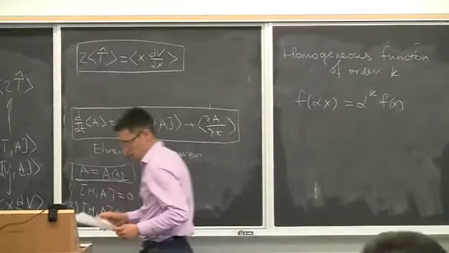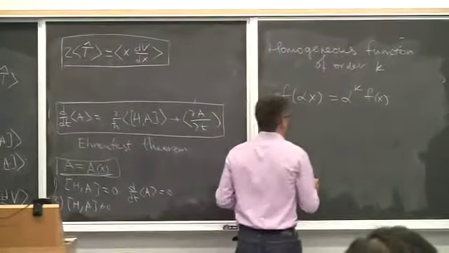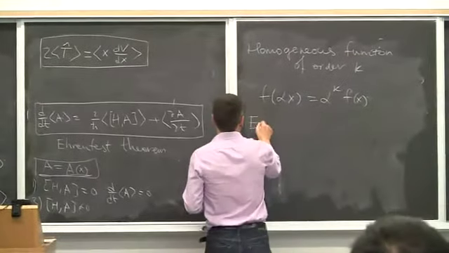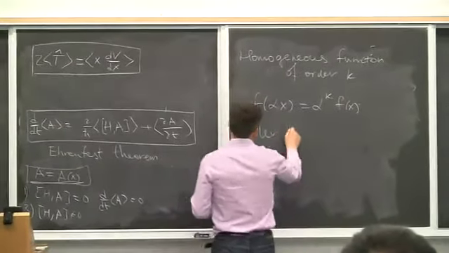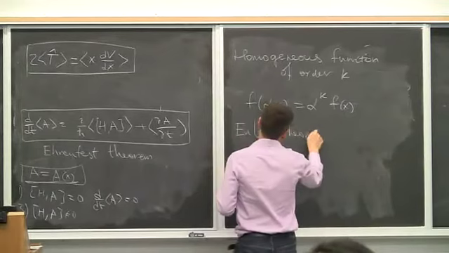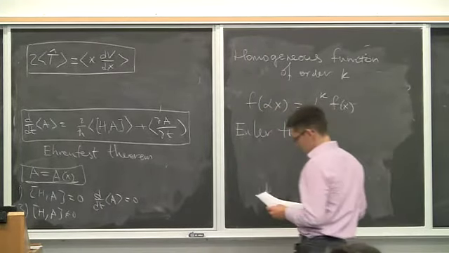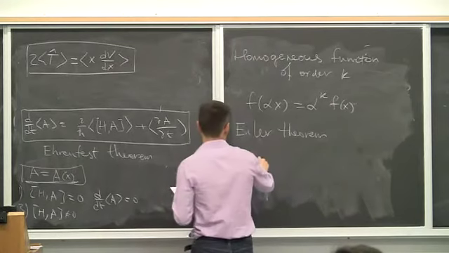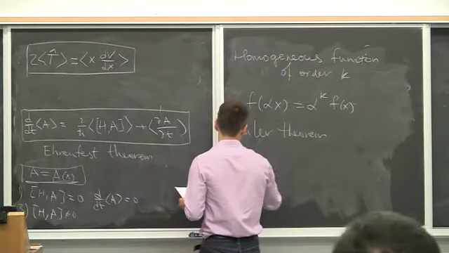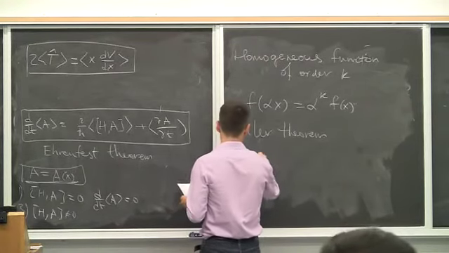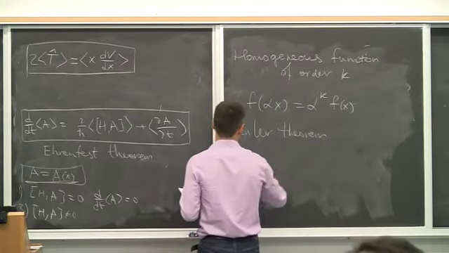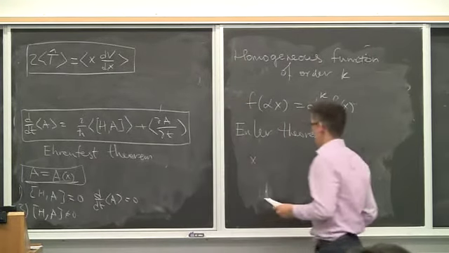Right. And then there is Euler's theorem for homogeneous functions, and it states that if we have a function, it can be a function of many variables, right?